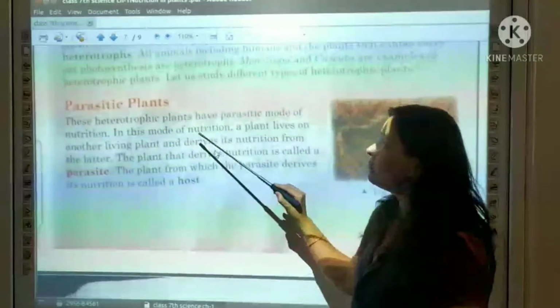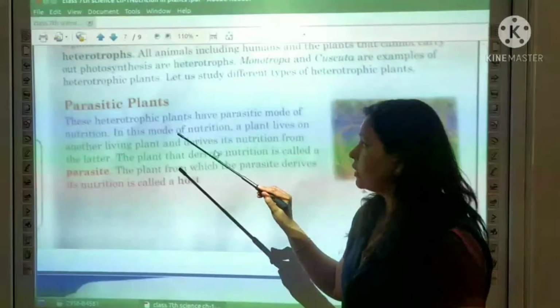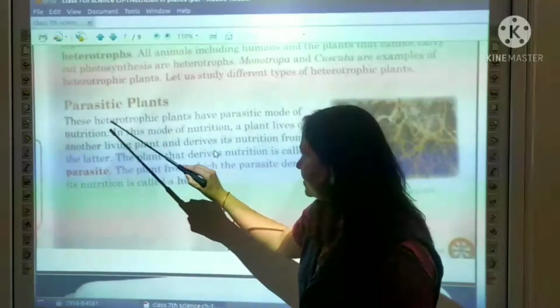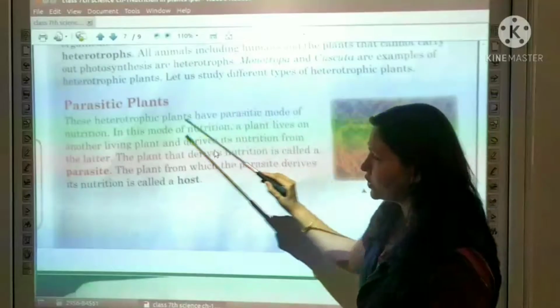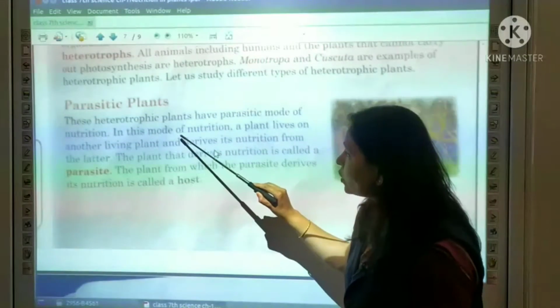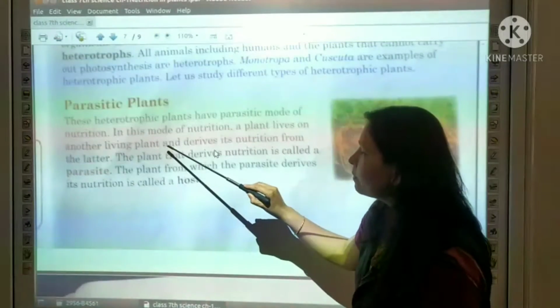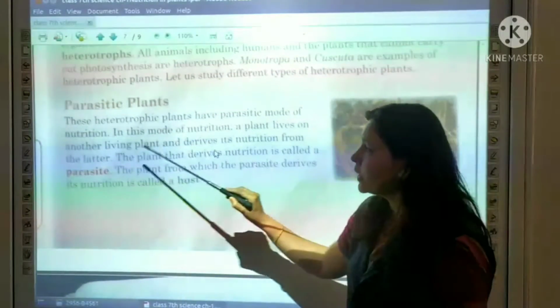First of all, parasitic plants. These heterotrophic plants have parasitic mode of nutrition. In this mode of nutrition, a plant lives on another living plant and derives its nutrition from the latter.